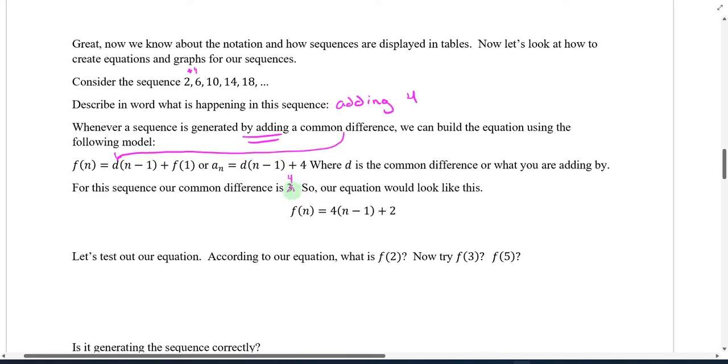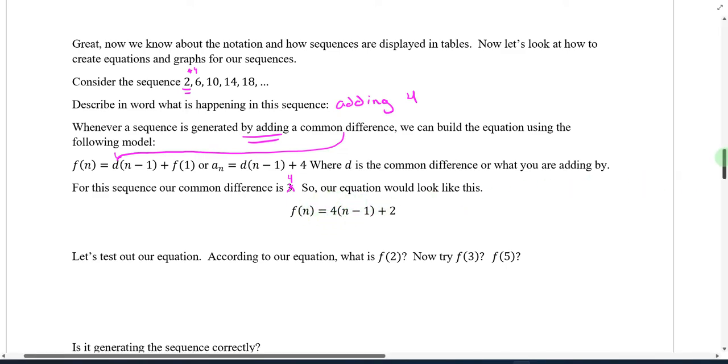Our common difference is 4, right? So our equation would look like this. We would put a 4 in for d, and then we would have this n minus 1, and then you see this plus 2. Well, remember, the plus 2 comes from being the first term of the sequence. So this would be an equation that generates our sequence.